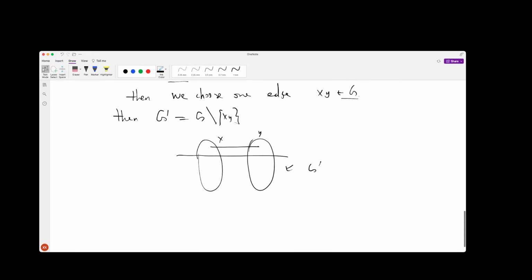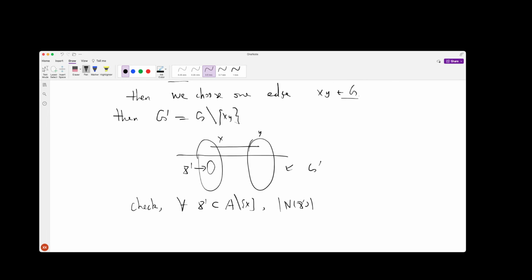G prime is a bipartite graph with each side having n minus 1 vertices, and then we want to use the induction hypothesis. So let's check. For any x prime in, for example, A minus x prime here, what is the size of the neighborhood of x prime?